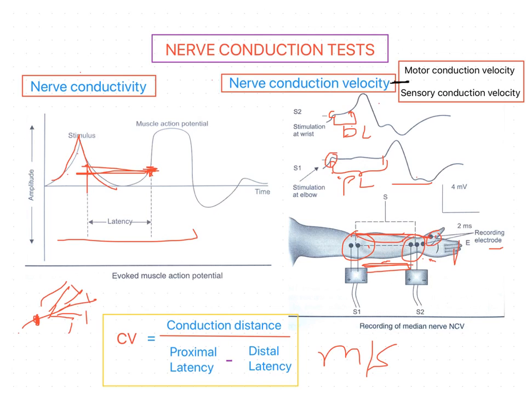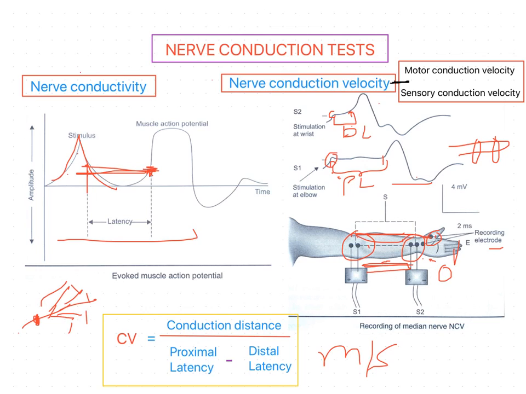Here the electrodes are placed at the thenar eminence like this. Ring electrodes means, for example, this is the finger, and this forms a ring; such kind of electrodes can be used.